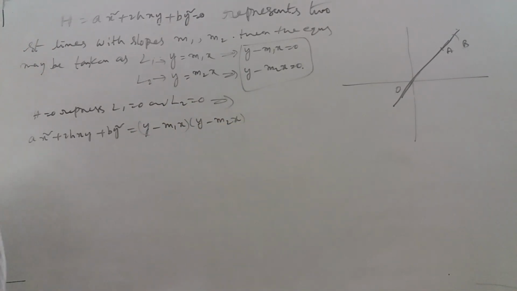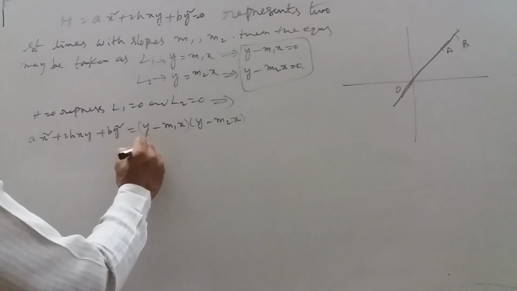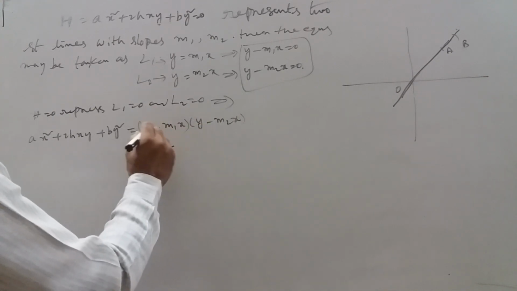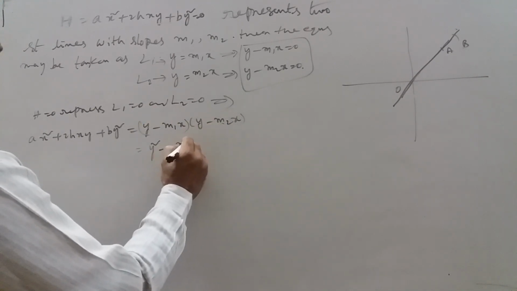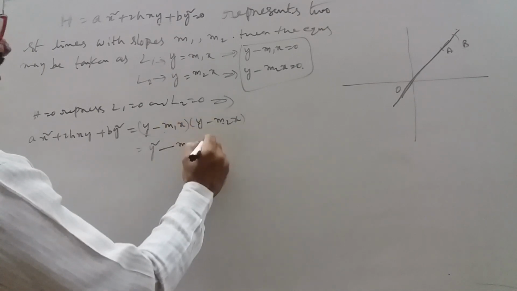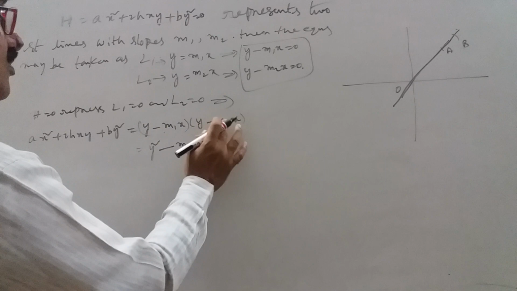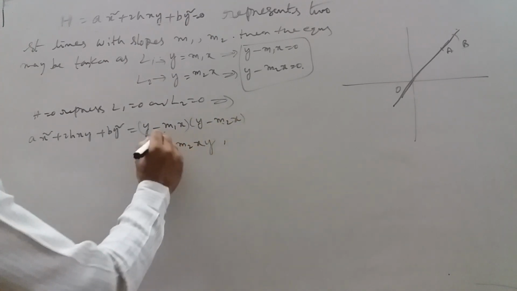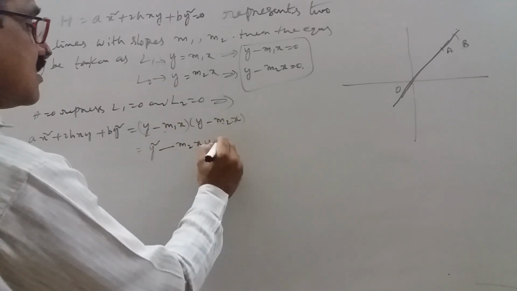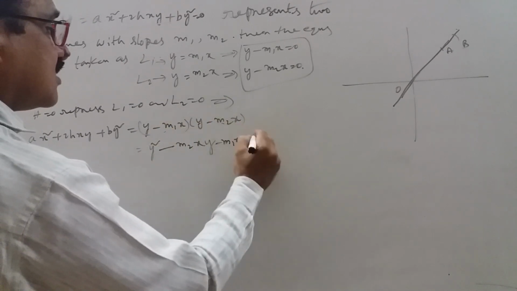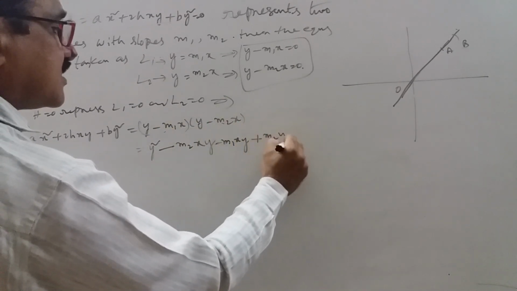You have to remember this. If we multiply these two, y into y is y square, minus m2xy, minus m1xy, plus m1m2 x square.